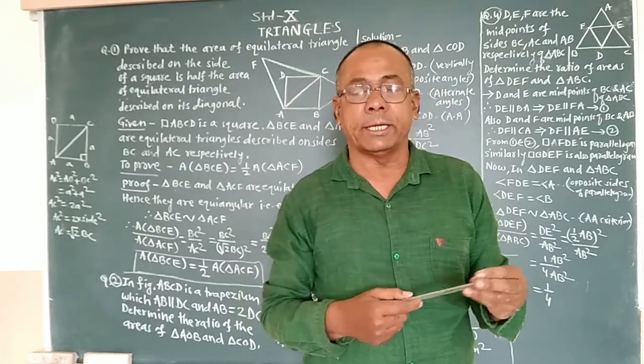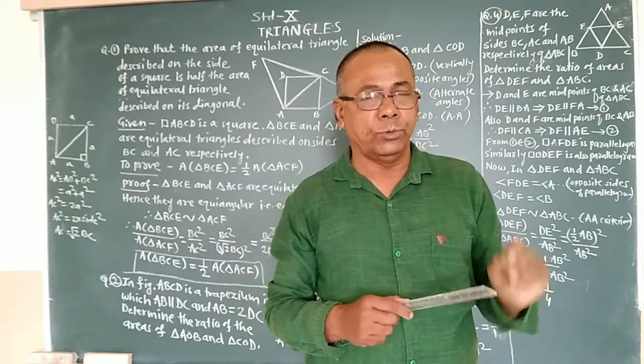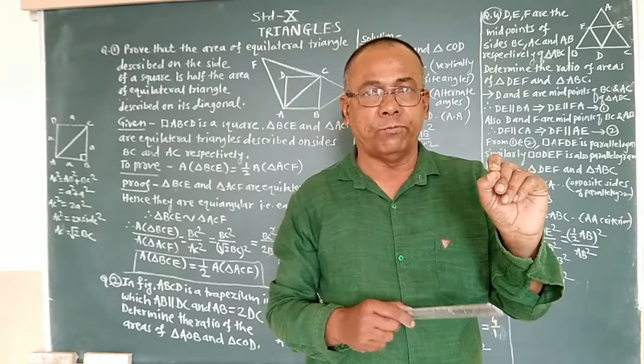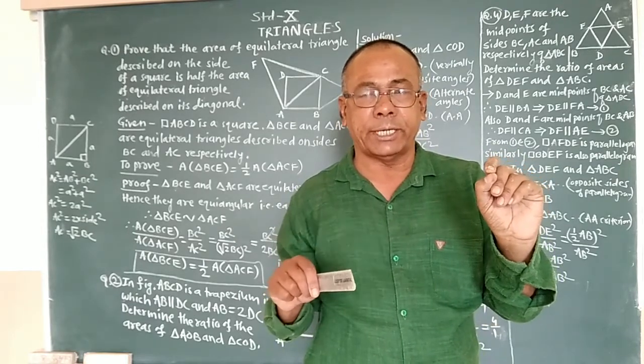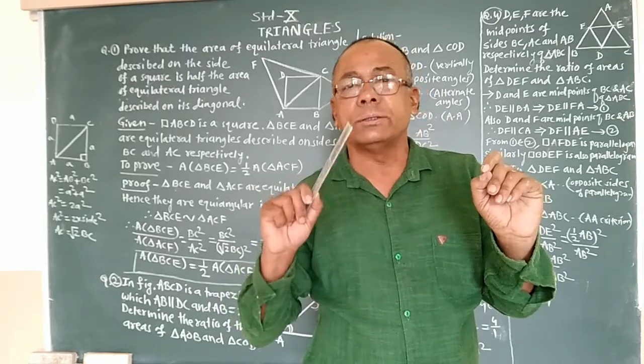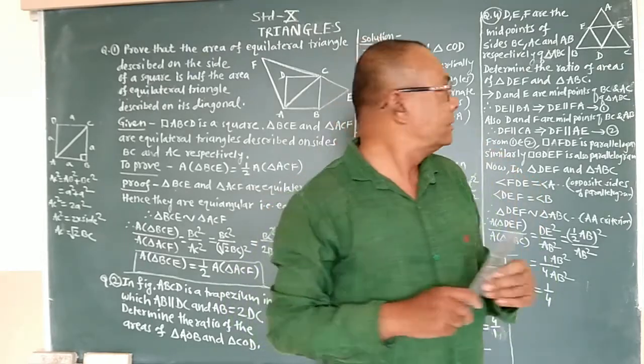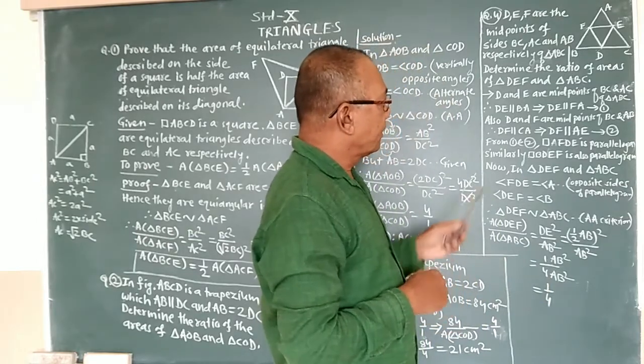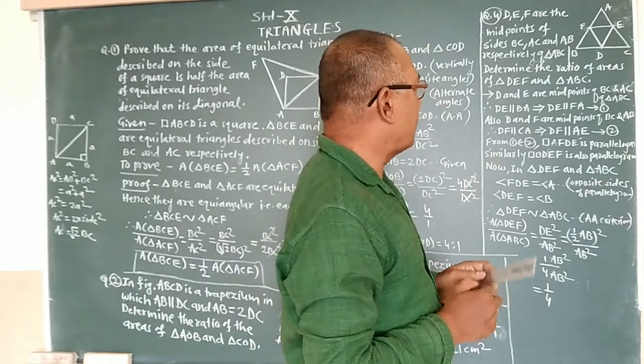I will explain it again. The line segment passing through the midpoint of one side and parallel to the second side bisects the third side. So we have to apply the property here.